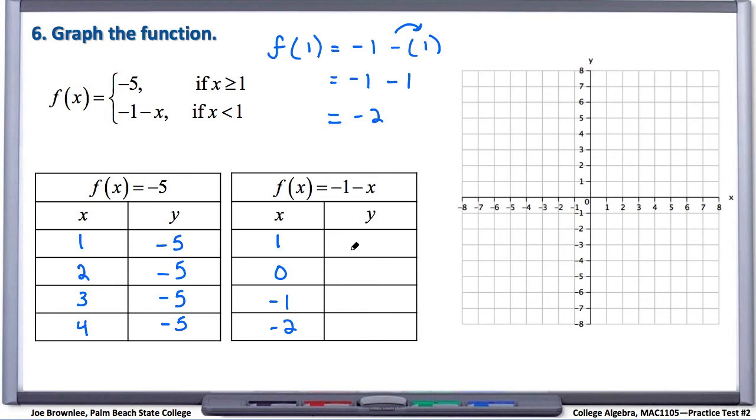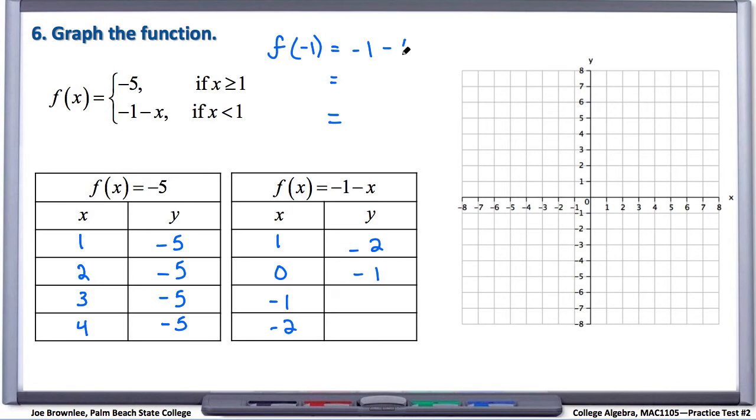This gives us -2. All right, let's find what the corresponding y value is when x is 0. So we're finding f of 0. That's -1 minus 0. We know this is going to go away, and so we're left with just -1. How about when x is -1? Let's see. So f of -1, we'll plug that in.